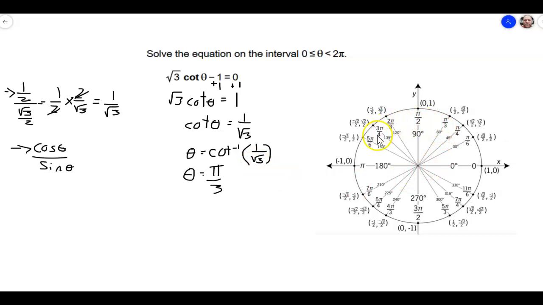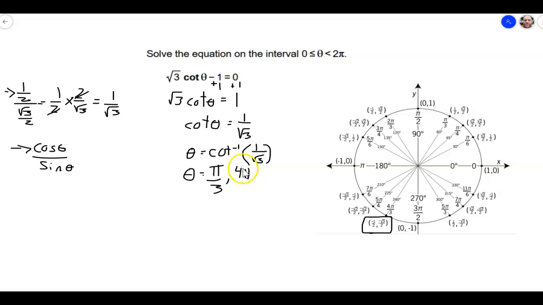Well, if we look around our unit circle here, is there anywhere else where I'm going to have a 1/2 divided by a root 3 over 2 that's going to give me a positive 1 over root 3? And sure enough, yes. This right here, because both of those are negative, so it'll give me a positive, and that's a 1/2 in the x position and a root 3 over 2 in the y position. So 4 pi over 3 is also a solution there as well.